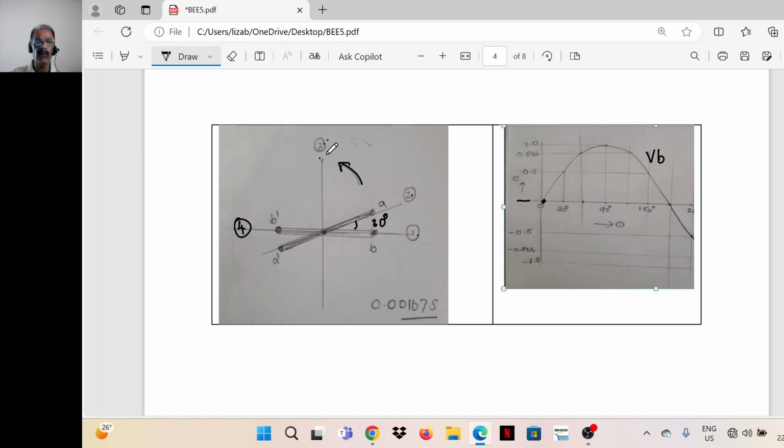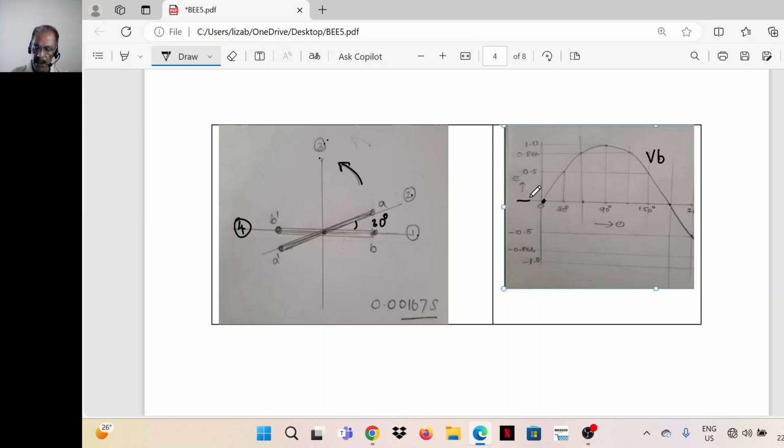That means the voltages in these coils, their maximums or zeros, are not happening at the same instant. Say the plot given in the figure is VB, then what will be VA?